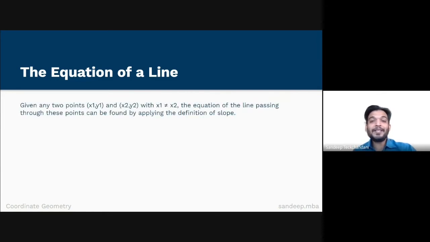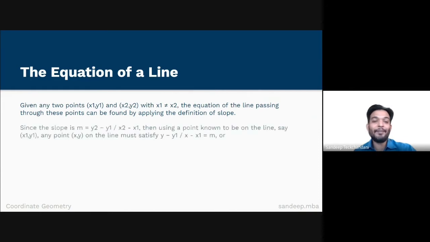Since the slope is m equals (y2 minus y1) over (x2 minus x1), then using a point known to be on the line, say (x1, y1), any point (x, y) on the line must satisfy (y minus y1) over (x minus x1) equals m, or y minus y1 equals m times (x minus x1). Using (x2, y2) as the known point would yield an equivalent equation.